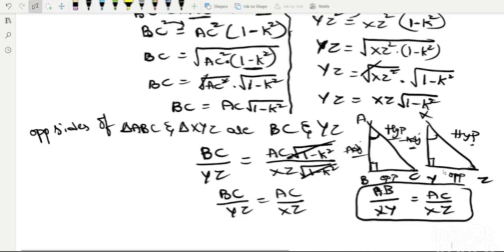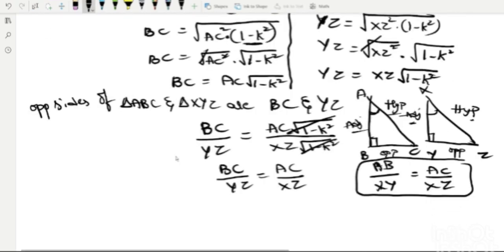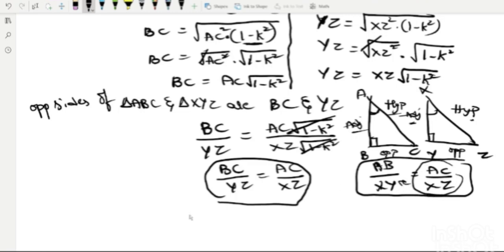Now from this you can clearly see that BC by YZ is equal to AC by XZ, which is already equal to AB by XY.